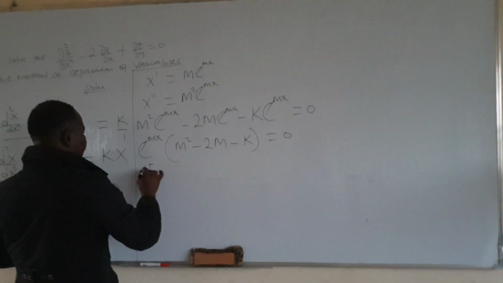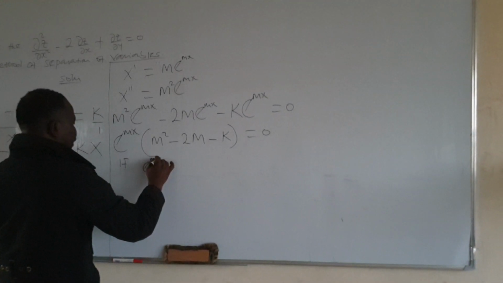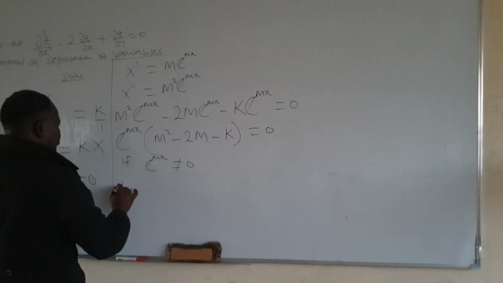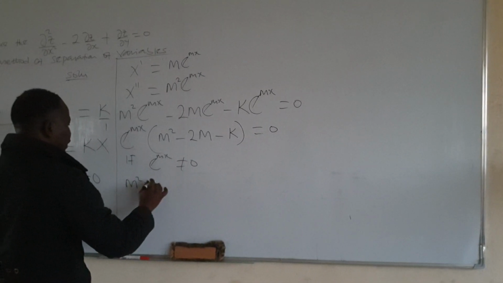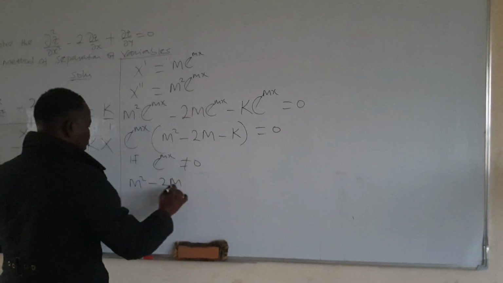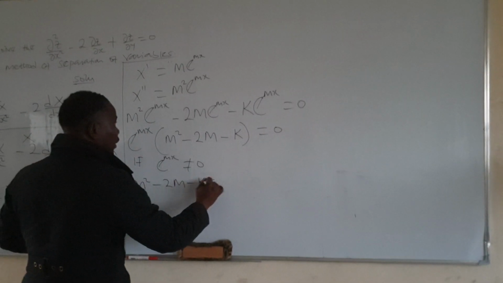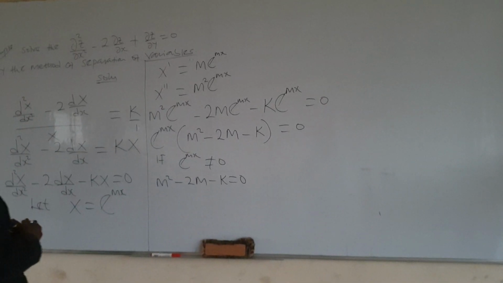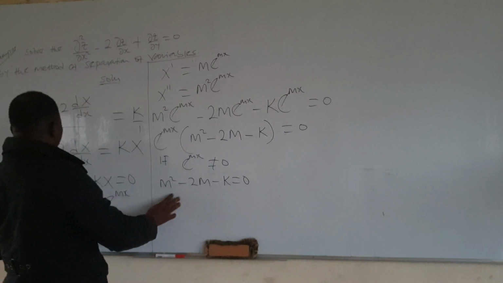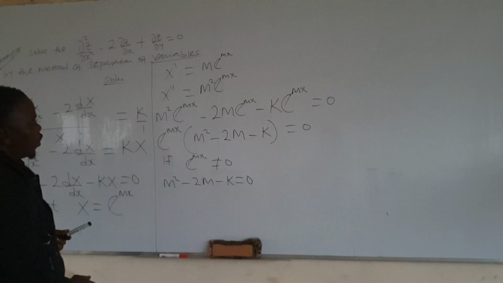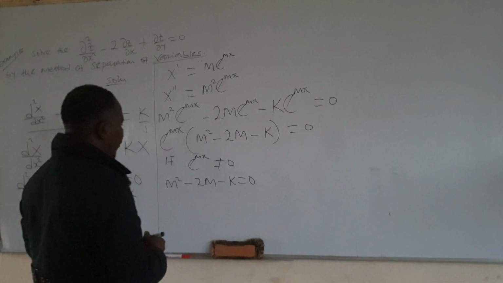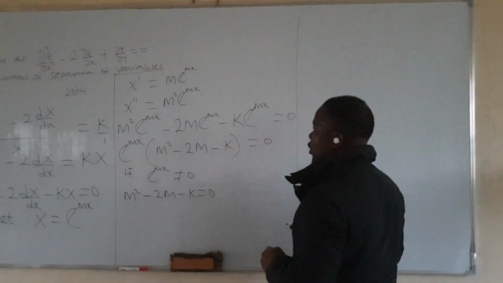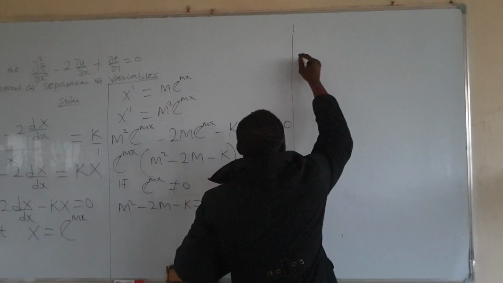Then, if exponential mx not equals to 0, it implies that our auxiliary equation is this: m squared minus 2m minus k is equals to 0. It means we are going to obtain our m1 and m2 by using formula method. Is that clear? Using formula method.